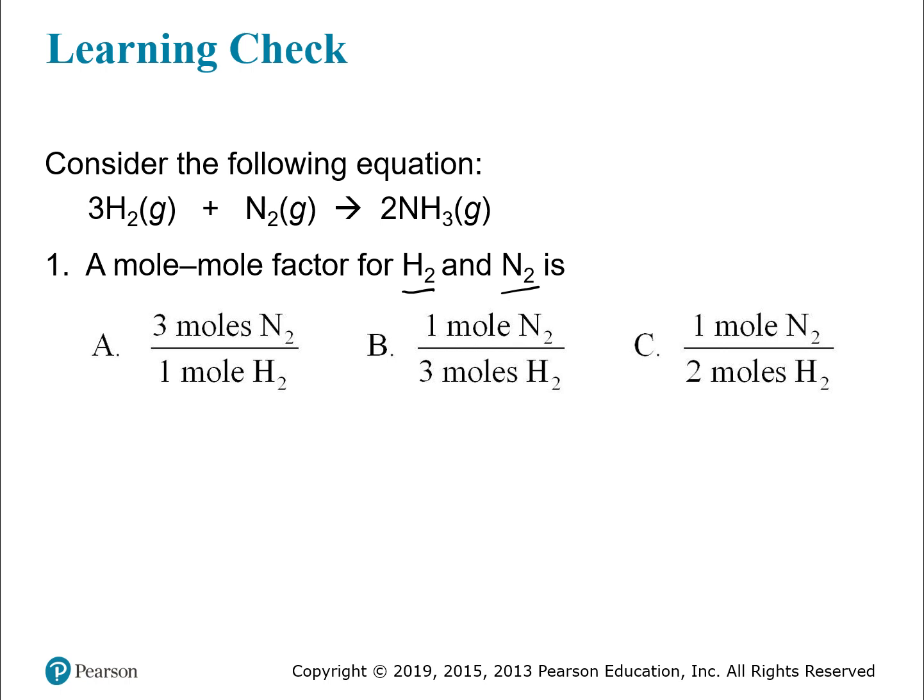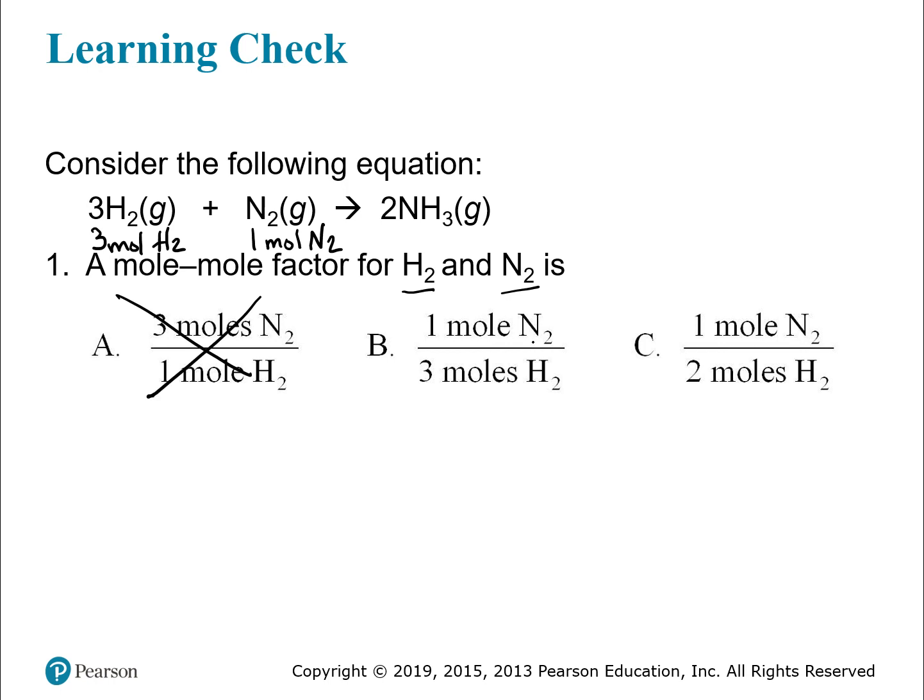Alrighty. So looking at the equation, we've got 3 moles of hydrogen gas and 1 mole of nitrogen gas. So we need to see those 2 things in the mole-mole factor. In A, there's 3 moles of nitrogen gas. That's wrong.